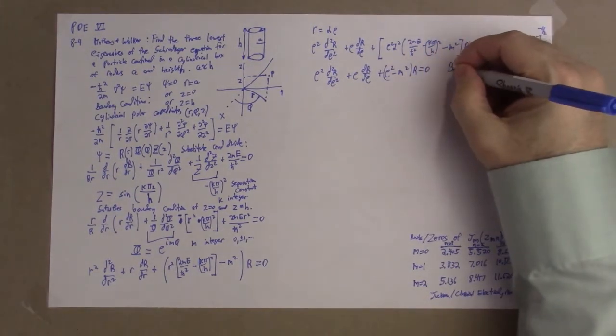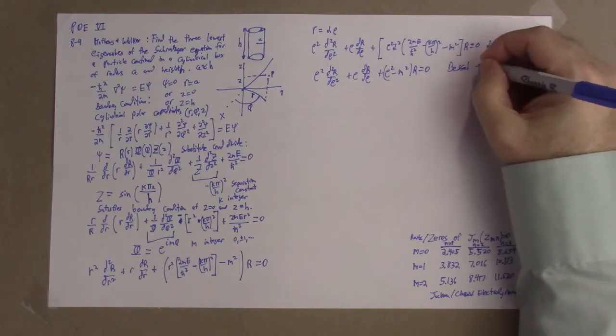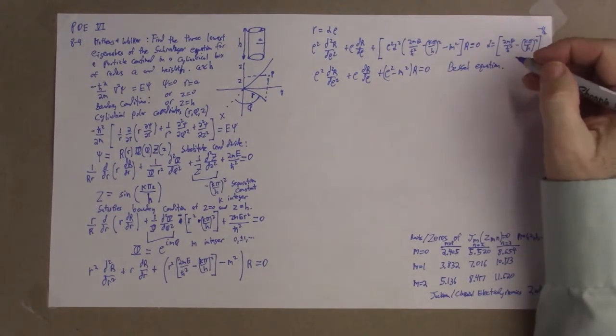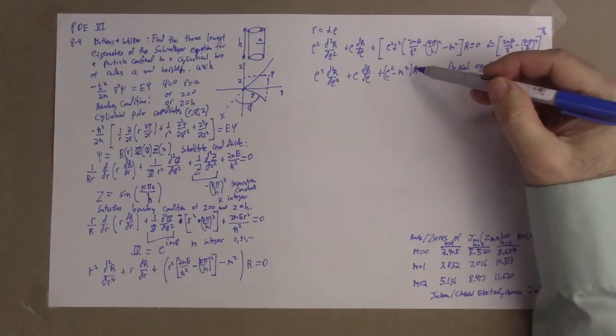And this is a Bessel equation. And it has a second order. It has two linearly independent solutions.